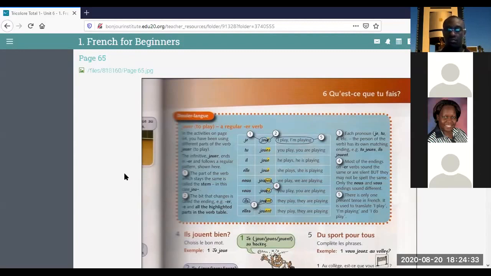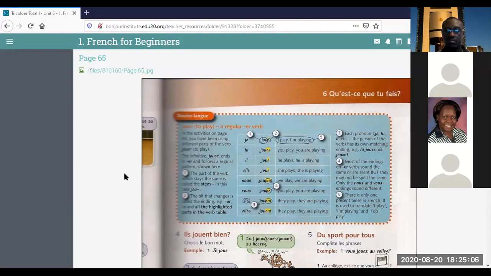Remember, there is a present tense, and when we are doing the present tense, it can occur in two forms. We have what we call the present continuous or progressive tense and the present simple tense. When you say je joue, it can mean I play or I am playing. If the action is underway, we say you are conjugating it in the present continuous: I am playing, you are playing, he is playing, and so on.